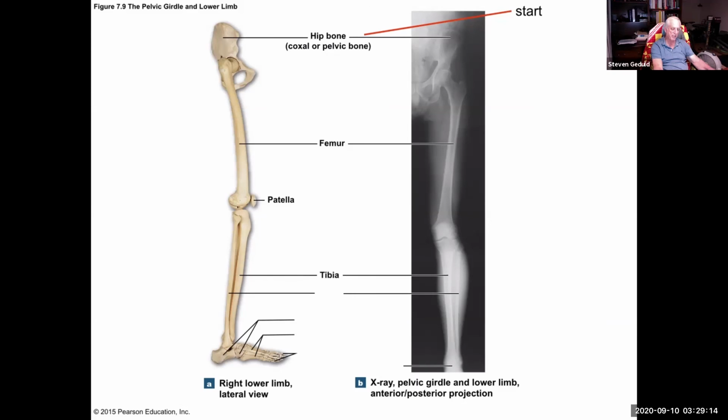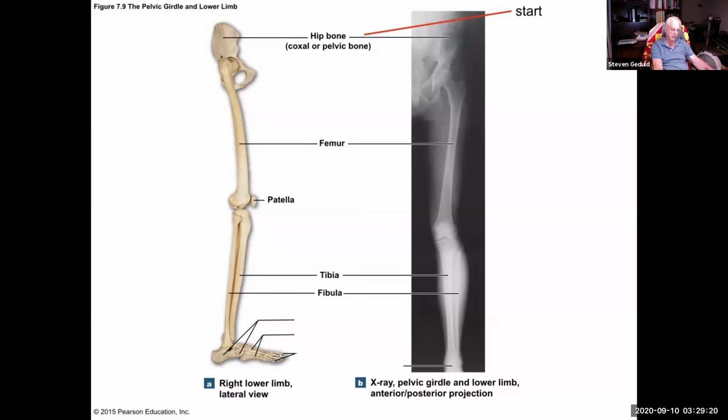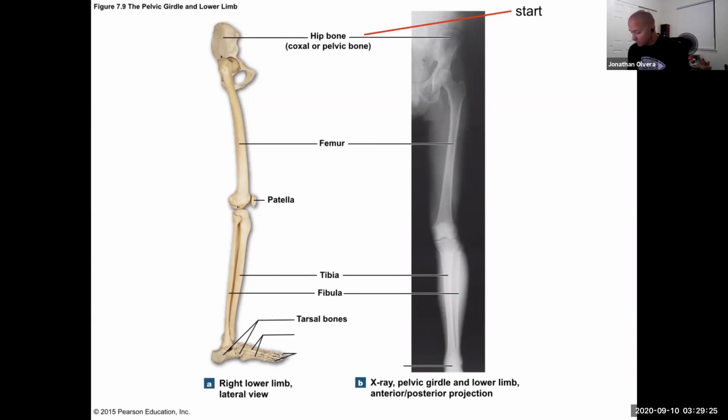And what's the bone behind it? Fibula. And what bones make up the ankle? Tarsal bones. And how many tarsal bones are there? Same 8? No, the ankle and the wrist are different. 7.